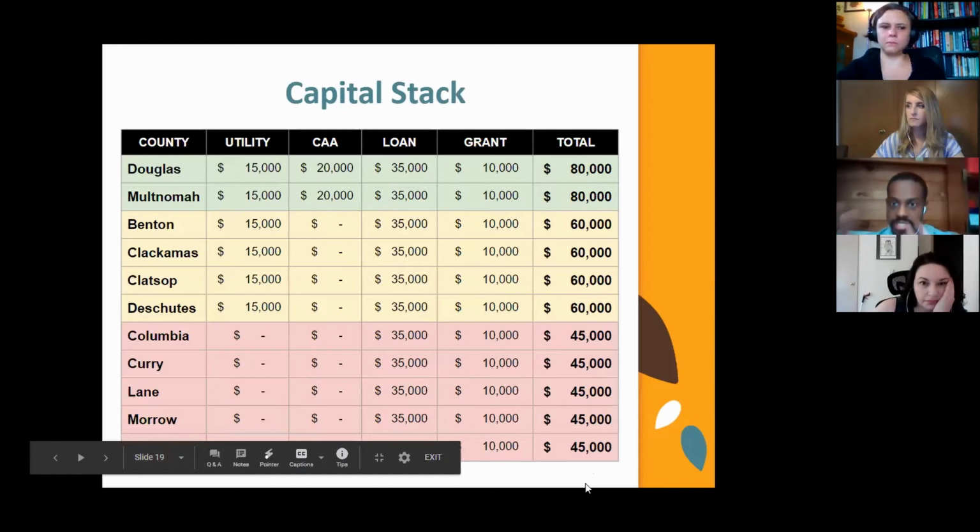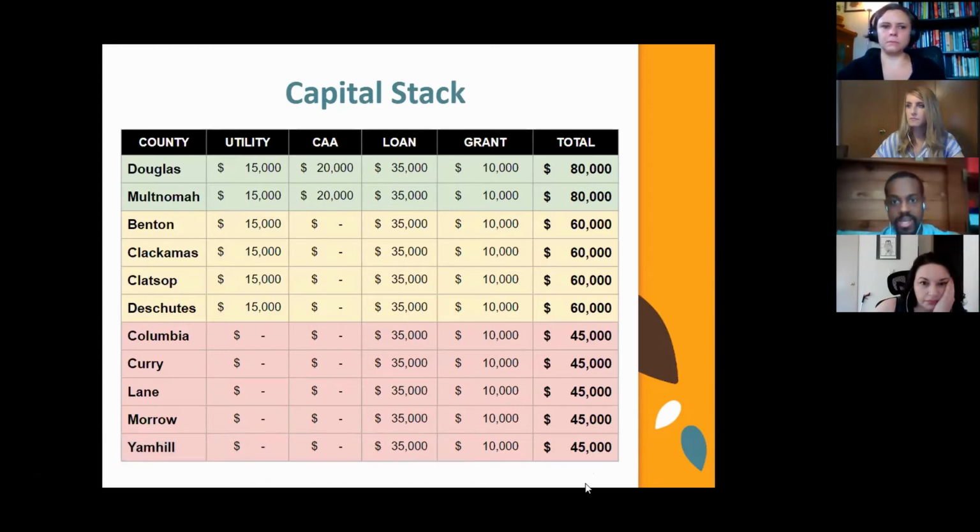So this is a breakdown of the capital stack. Not every community has access to the same resources or even the same amount of resources. Back in the other slide, there were two counties, Douglas County, the big green one, and Multnomah County at the top. Those have access to the most subsidy.